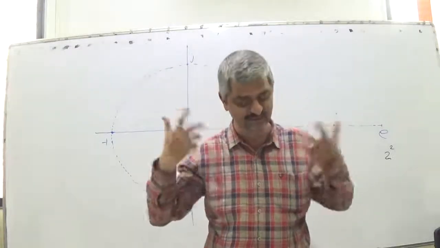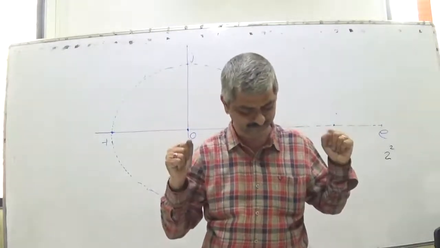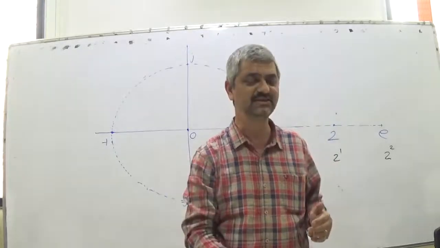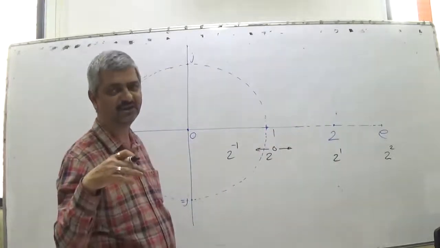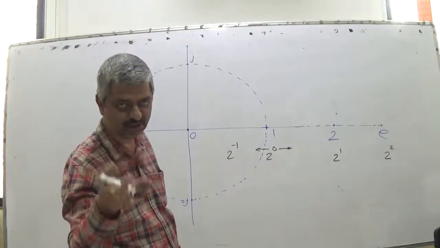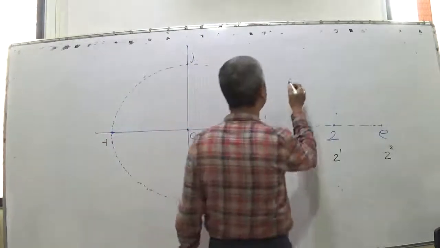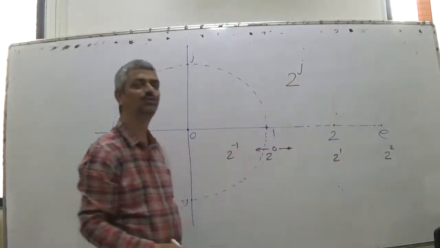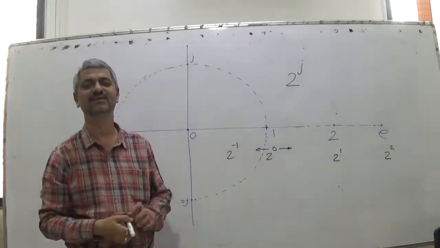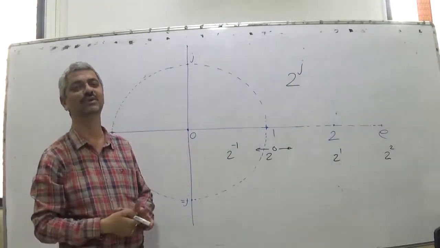Yes, Z squared is equal to minus 1 and all that. Then somebody, an extraordinarily curious student in your class, might have asked the question, what will be this 2 raised to Z? What will be 2 raised to Z?